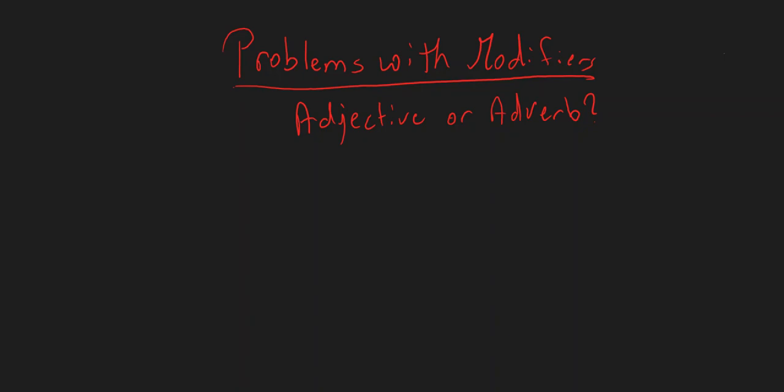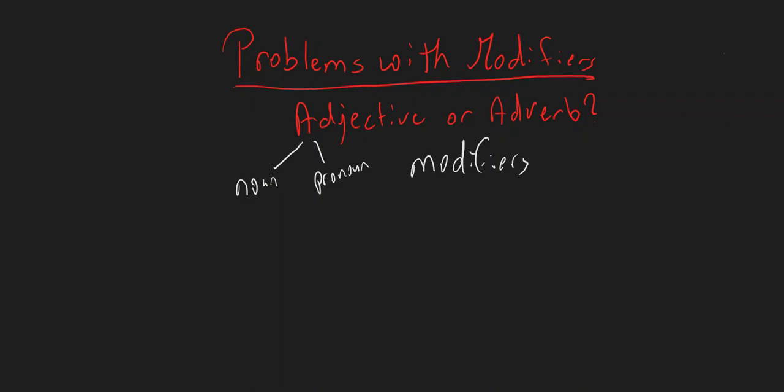Now we've taken already that adjectives and adverbs are modifiers. So they are modifiers, and they modify a word. In the case of adjectives, adjectives modify a noun or a pronoun.